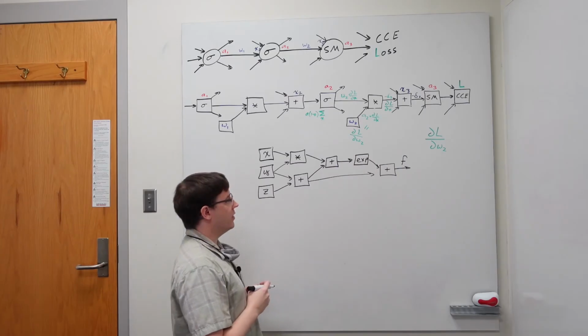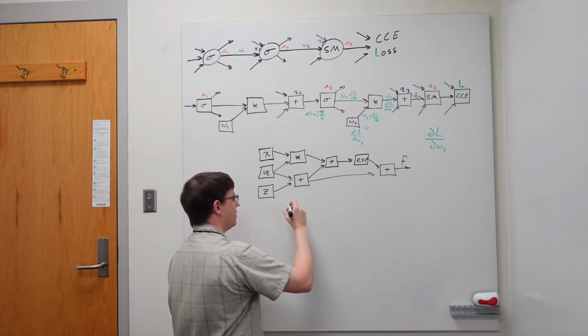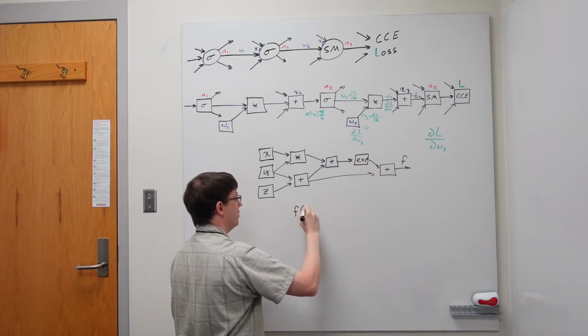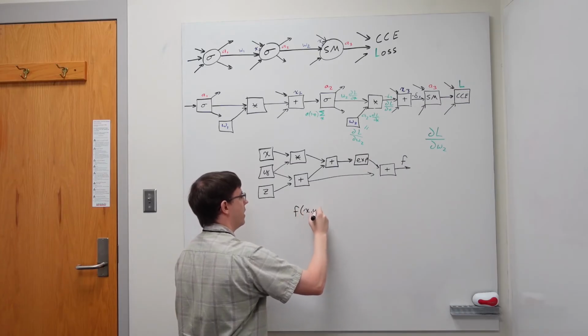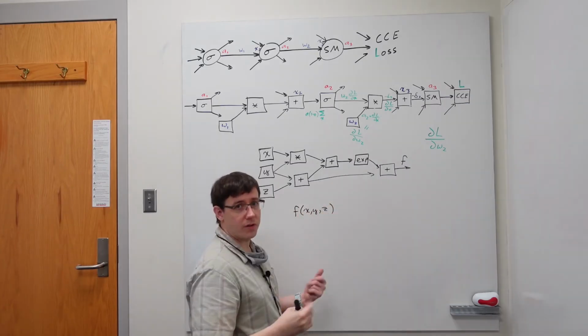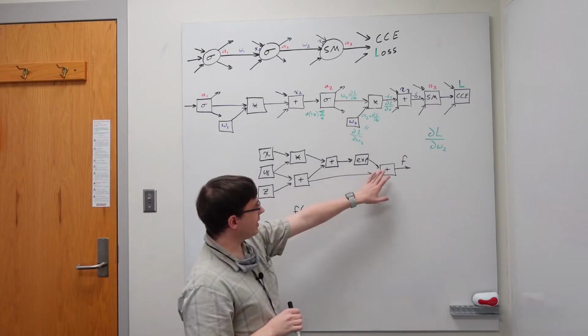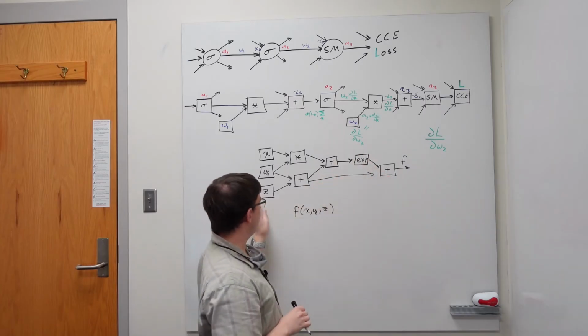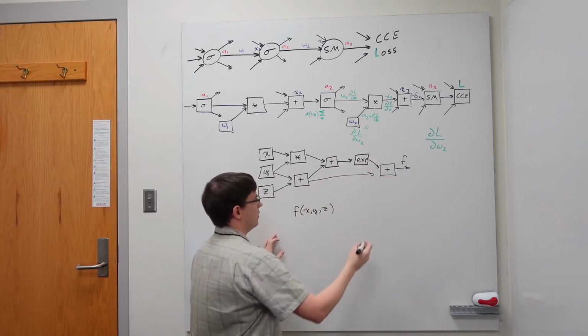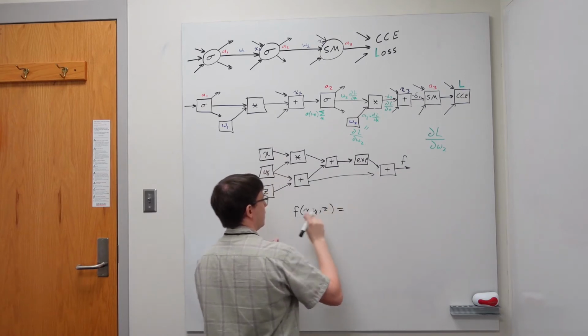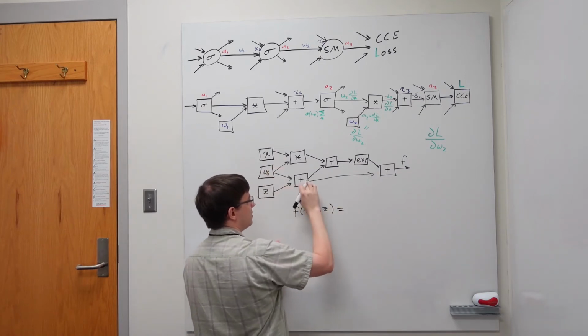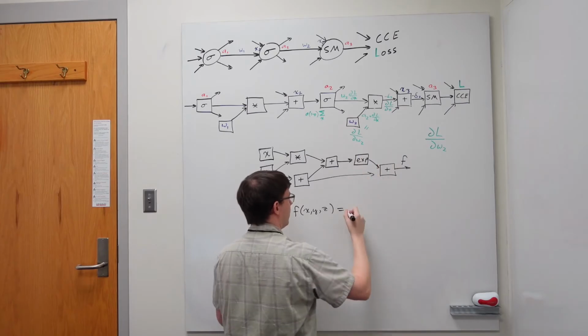So here's a computational graph where we are computing some function f of x, y, and z. What is the function that we're computing here? Well, we're adding together an exponential and a sum. So we will have y plus z plus an exponential.